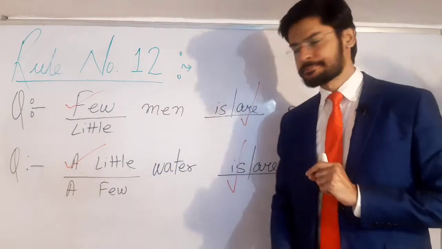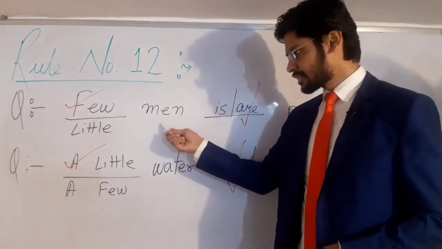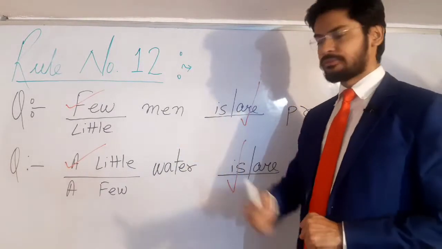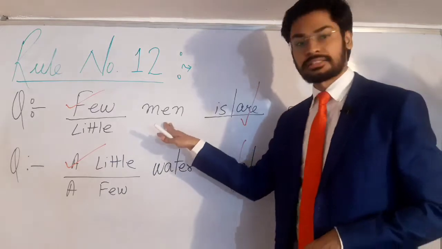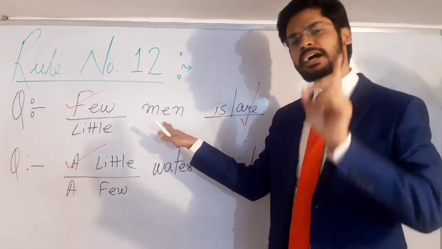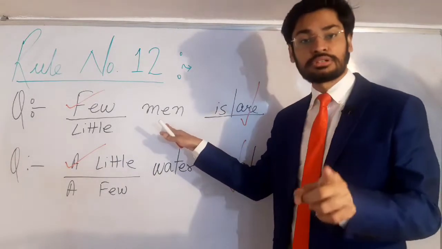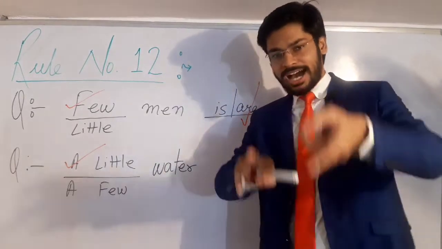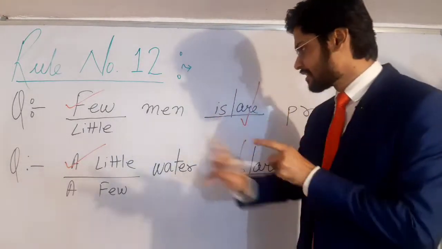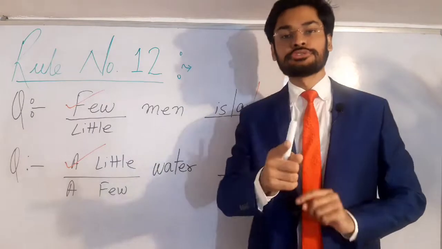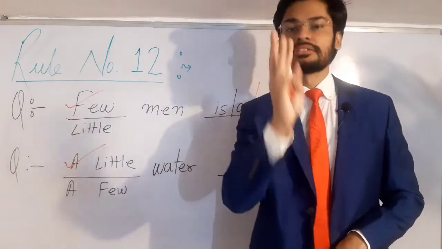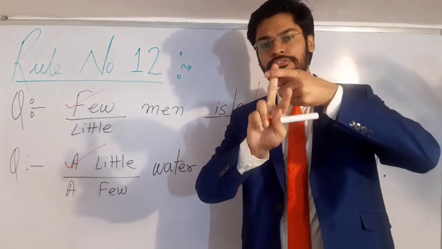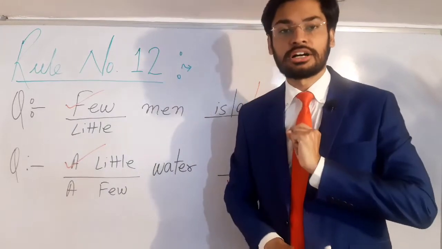Rule number 12 says that if, see here in this question number 1, the noun is what? That's a countable noun. अगर noun आपका countable है as well as it is plural. If the noun is countable and also it is plural, then in that case we use few, a few or the few. Few, a few, the few का इस्तेमाल बच्चों कहाँ होता है?